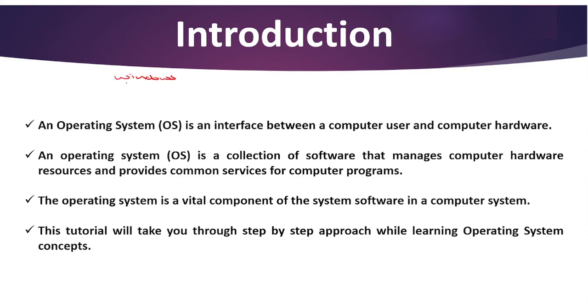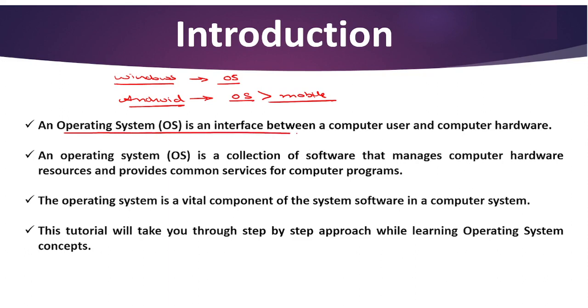Windows is nothing but an operating system for your computers or laptops. We all use Android mobile phones. Android is an operating system made for your mobile devices, right? So I hope this is clear to all of you that operating system is an interface between computer users, that is end users, and the computer hardware.